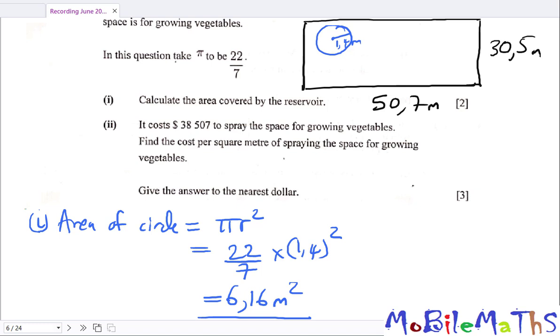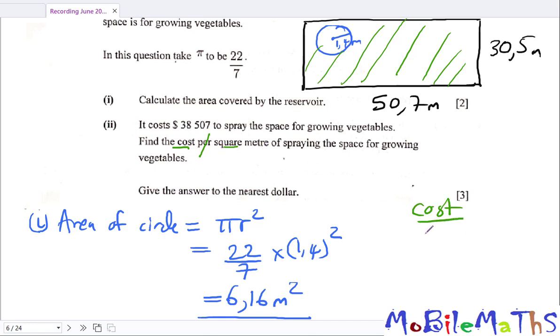The next part, they are saying it costs this much to spray the space for growing vegetables. So all this space here is costing them that much. Then they are saying find the cost per square meter of spraying the space for growing vegetables. So to find cost per, it means it's over. We are just looking for cost over our area.